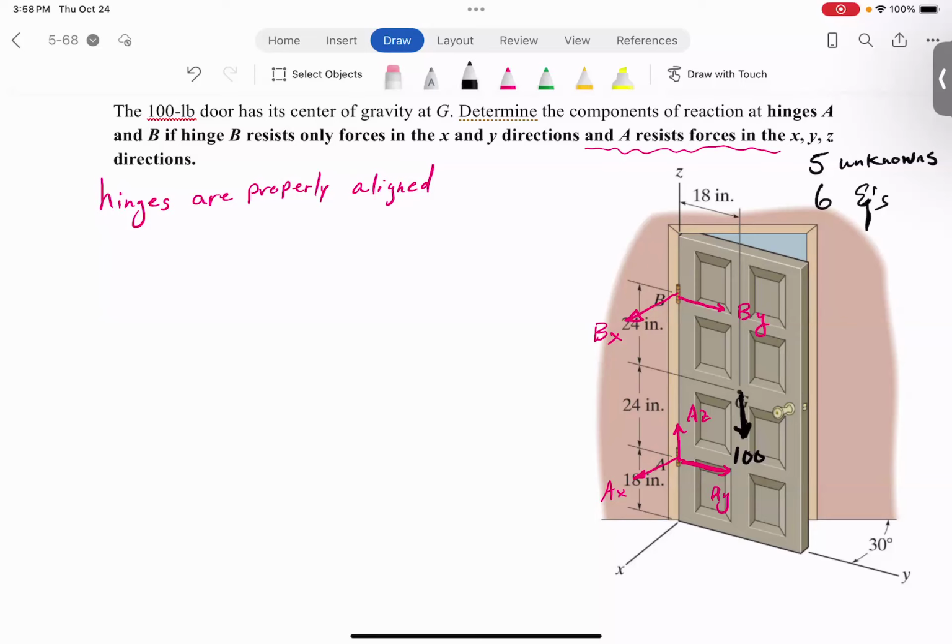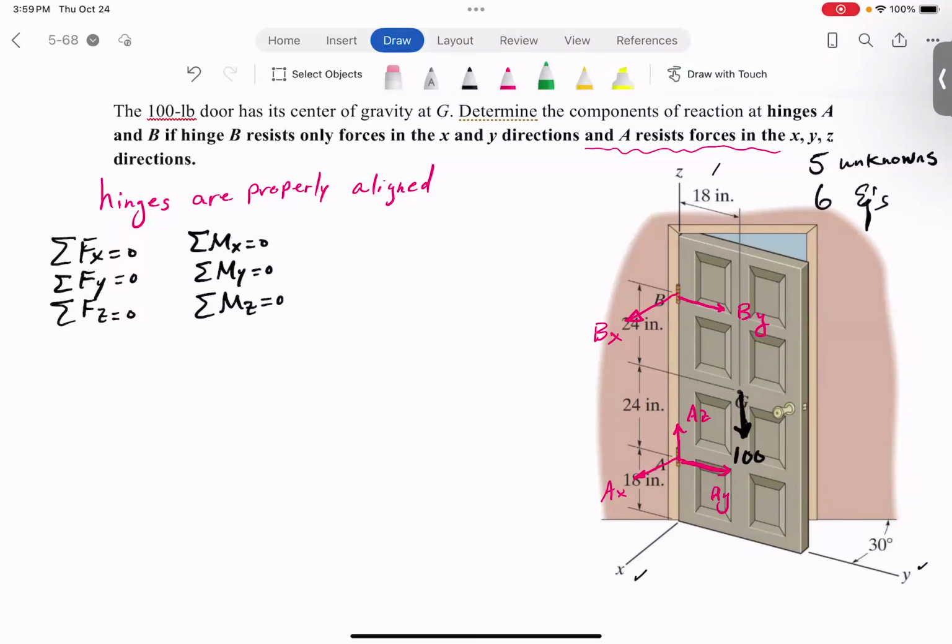Now, let's start our equations. So basically, our equations for three-dimensional rigid bodies are 3 force equations that we have to satisfy, and 3 moment equations. You have to make sure that there's no rotation about x, y, and z. As you can see, we have 5 unknowns. So the question is, should I stick with my x, y, z the way they're shown here?